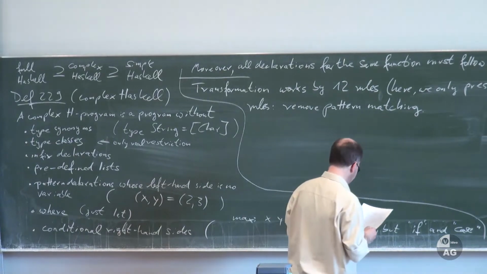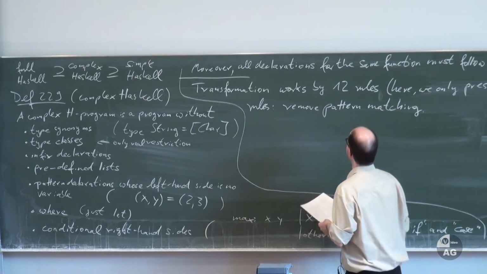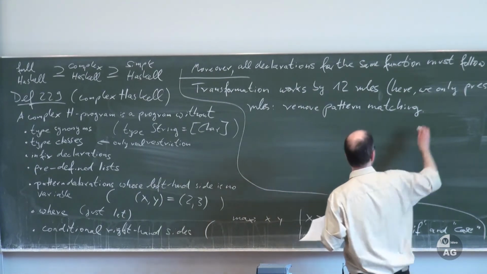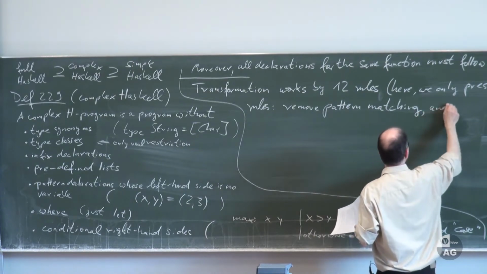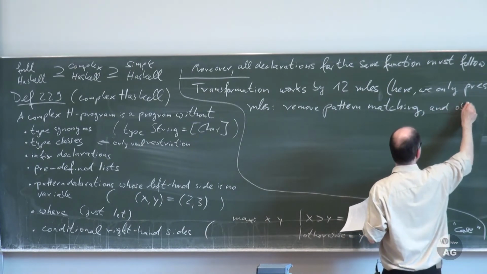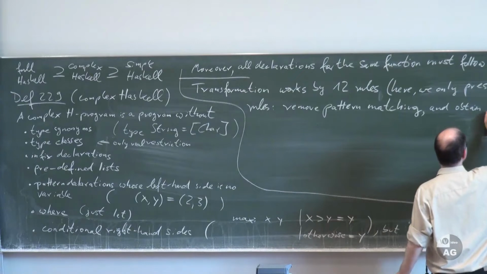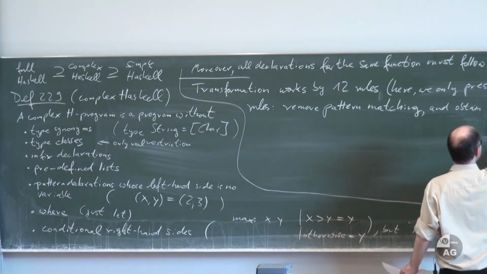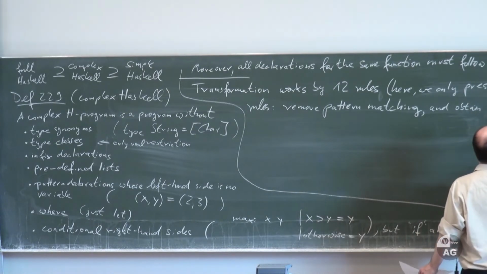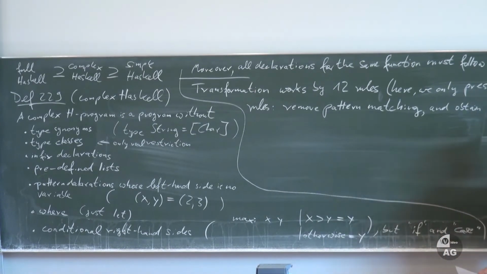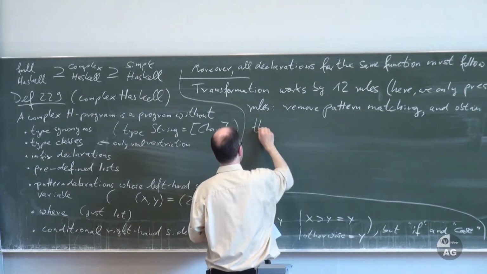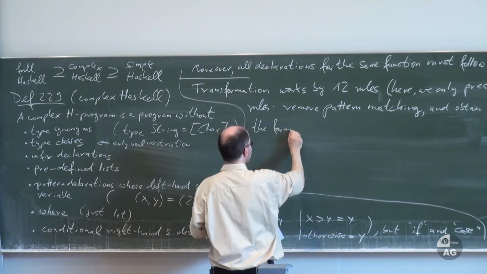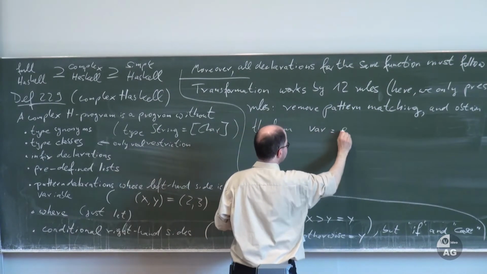And, well, how do we do this? We have to remove pattern matching. And we also have to obtain just one single declaration of the form that is allowed in simple Haskell, var equals exp.